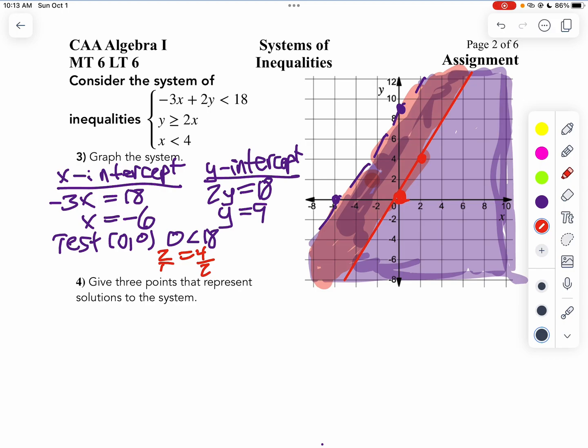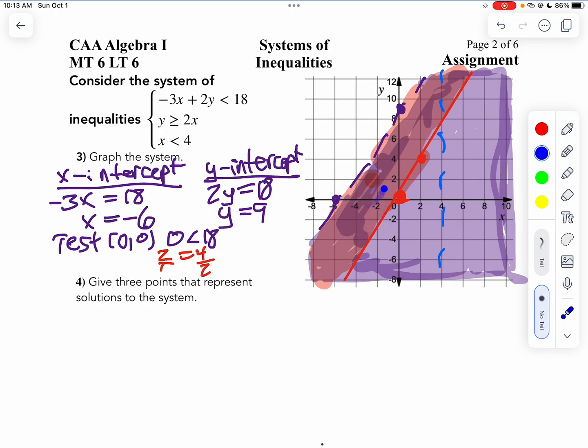My third one, x is less than 4. I'm going to make a vertical line, and I think I'll do blue. I'm going to make a vertical line going through 4. It's going to be dashed. And so once again, the part that I'm going to shade is everything to the left of that line, because it's less than.